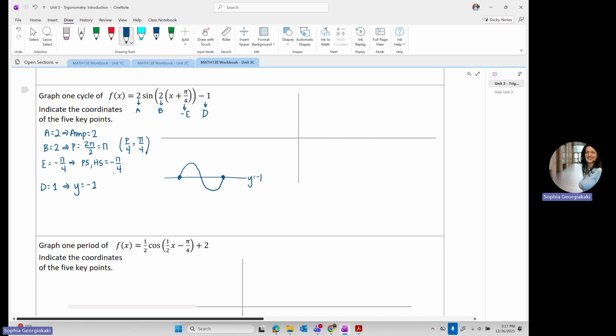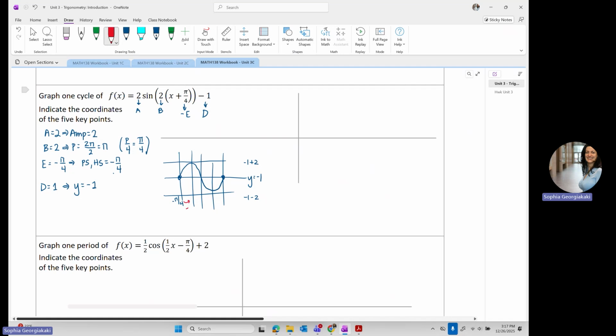And the amplitude is 2, so I'm going up to -1 plus 2, and I'm going down to -1 minus 2. And then I start here at the phase shift, which is negative pi over 4, and I add quarters of the period to find the other 5 critical points.